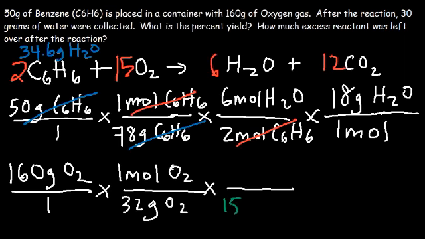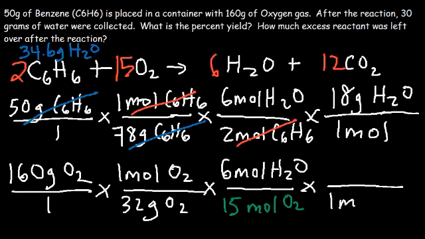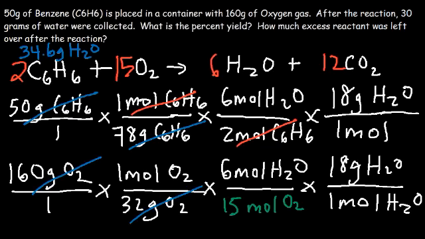So for every 15 moles of O2 that react, 6 moles of water are produced. The last part is going to be the same. The molar mass is still 18 grams. Just like before, grams of O2 cancel, moles of O2 cancel as well, leaving moles of water. So it's going to be 160 divided by 32 times 6 divided by 15 times 18. You should get 36 grams of water.